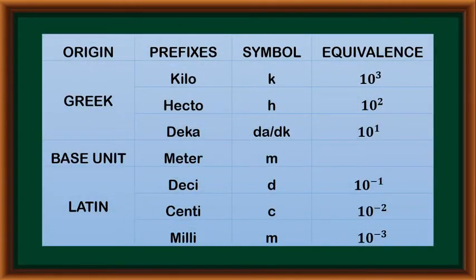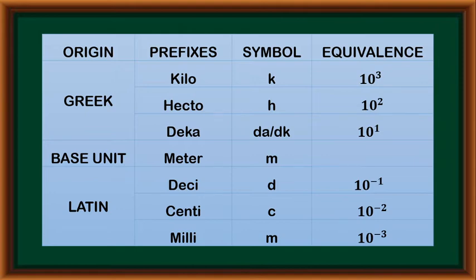Okay, so for the origin, we have the Greek, we have the base unit, and we have the Latin. So we have prefixes in the Greek. Kilo, which is in the symbol of small letter k, which is equivalent to 10 cubed, or 1,000. So kilo means 1,000. Hecto is in the symbol of h.